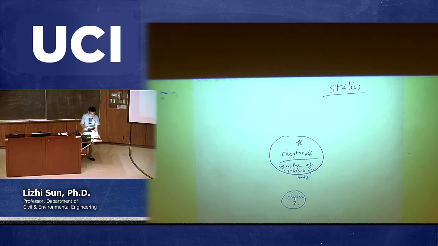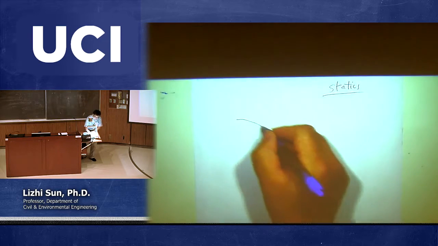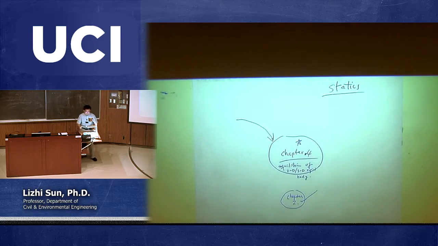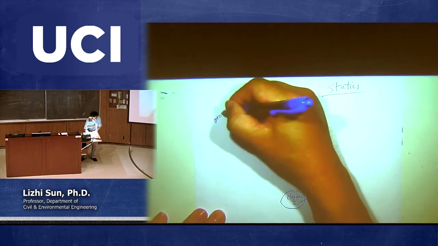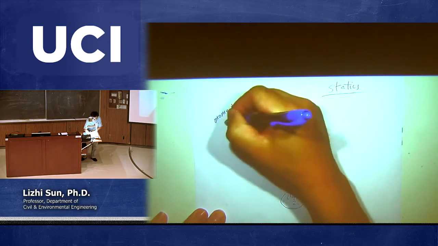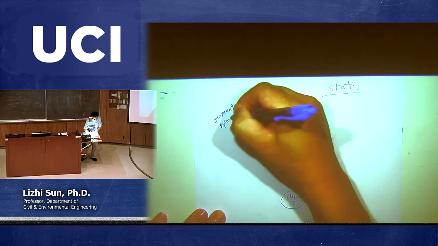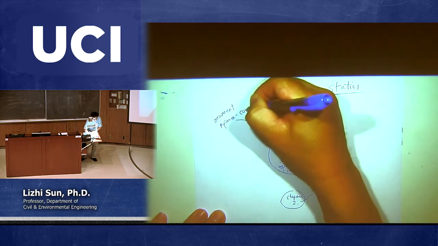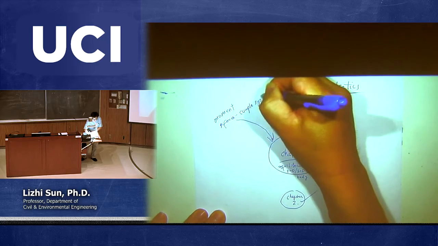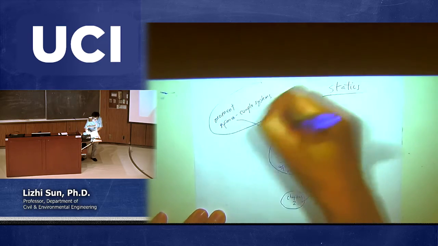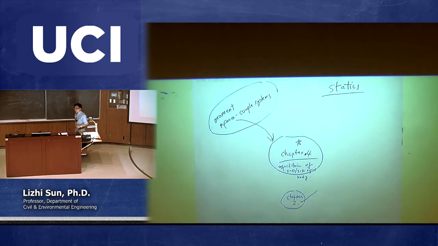Okay, so for example, this is chapter 2, we did it. What is chapter 3? Chapter 3 is a preparation for this chapter 4, which is called the moment and force couple systems. So this part, chapter 3, does not talk about equilibrium conditions at all.